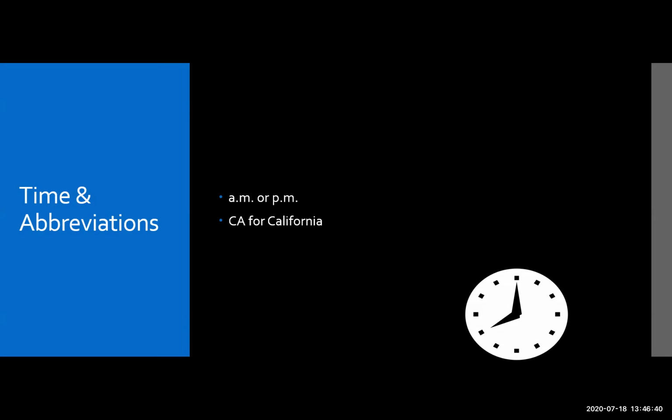Also, if you are going to abbreviate California, the proper abbreviation for California is a capital C and a capital A. That is the one and only proper abbreviation for California.